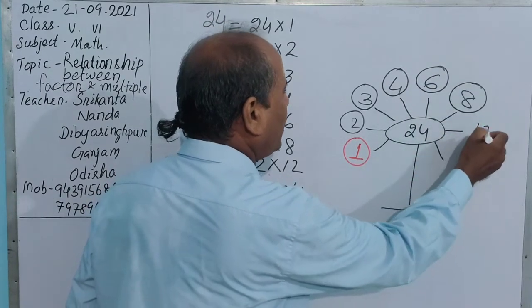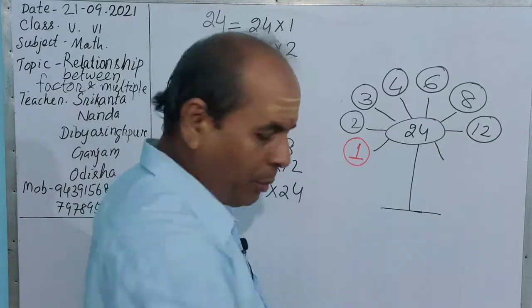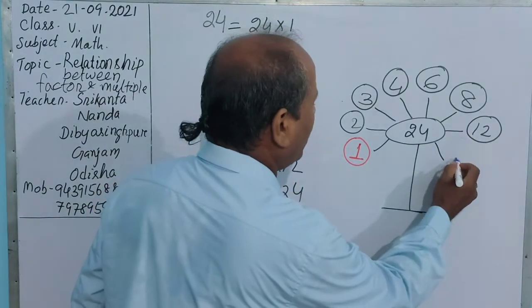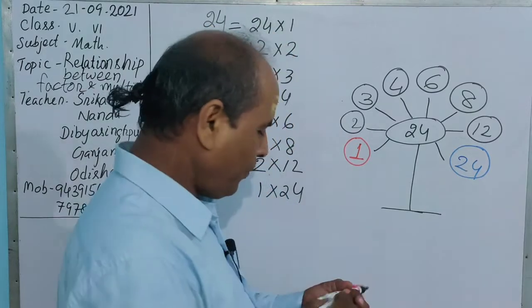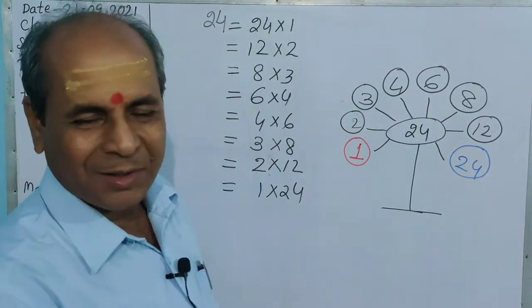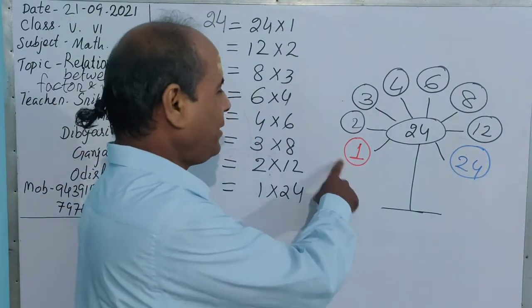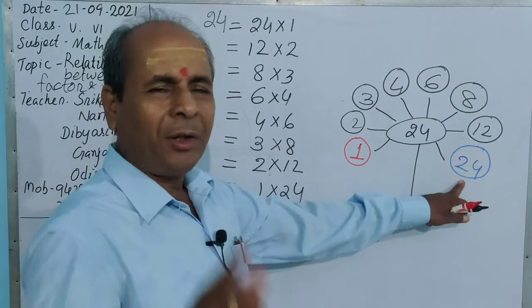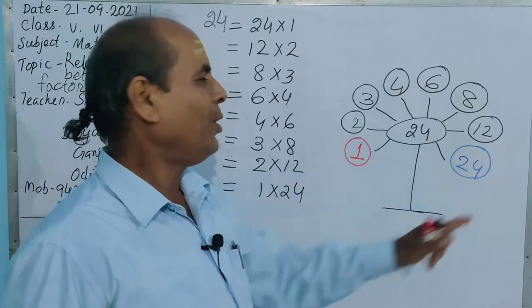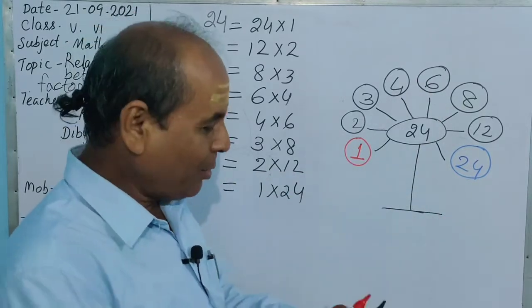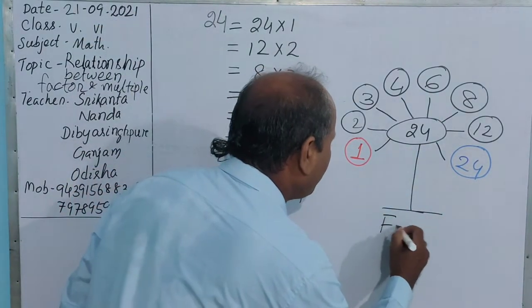Next to 8, 12. And lastly, 24. So what do we see here? 1 is a factor of 24 and 24 itself is a factor of 24. So we can see all the factors of 24. This is a factor tree.